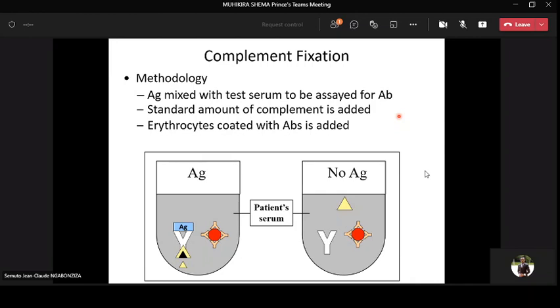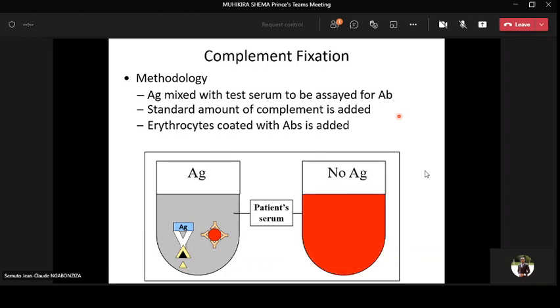So as you add erythrocytes coated with antibodies, if the complement was not fixed, it will completely hemolyze your erythrocytes.